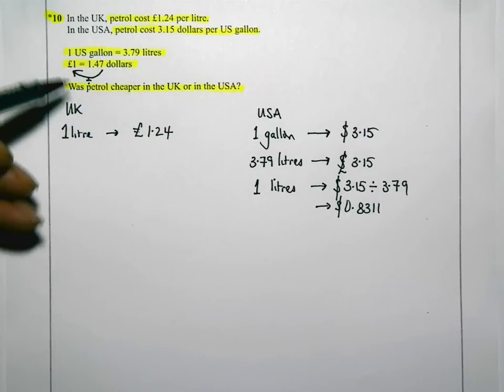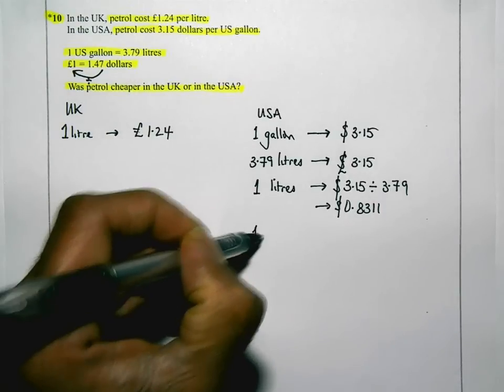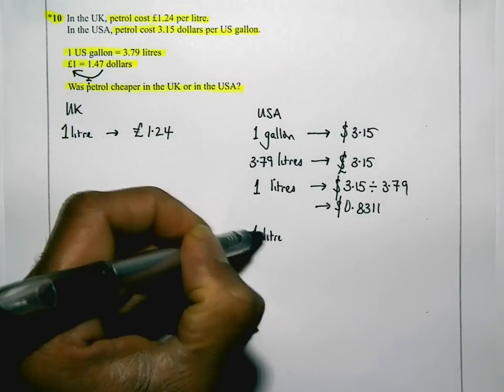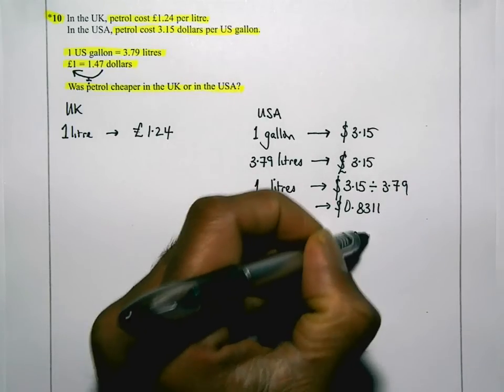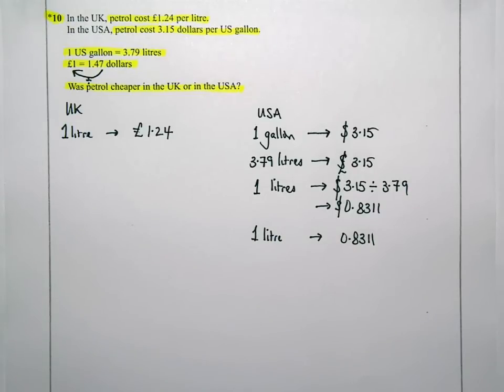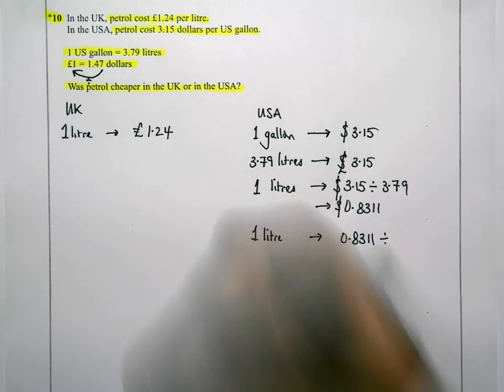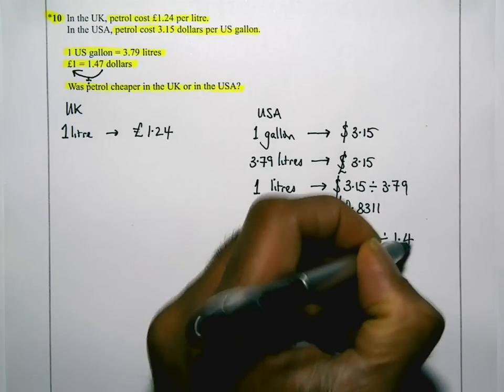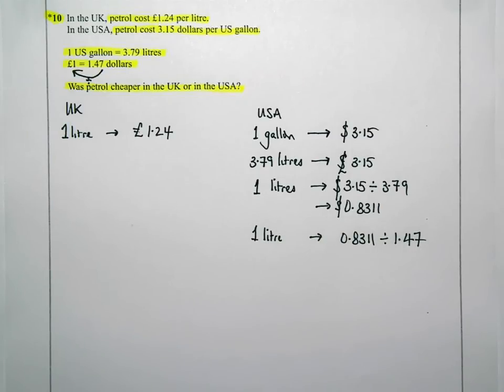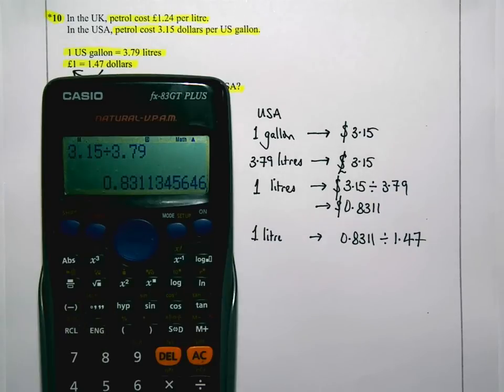So 1 litre in the USA is going to cost 0.8311, and I still have on my calculator a screen full of numbers. I'm going to divide that by 1.47. Doing that division, I still have my screen full of numbers, and I'm going to divide that by 1.47.